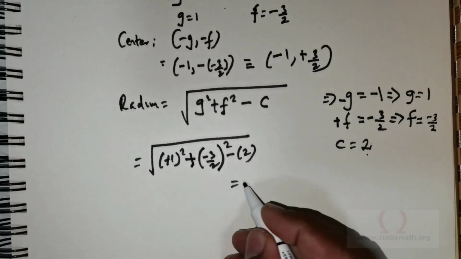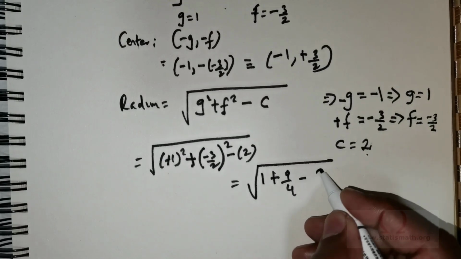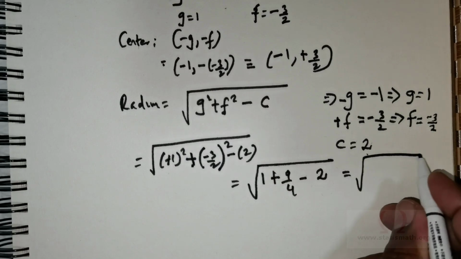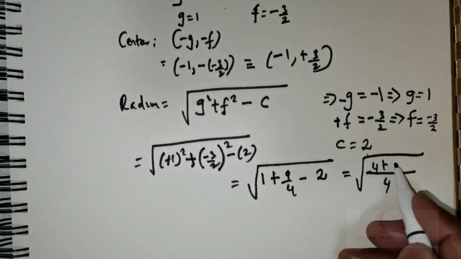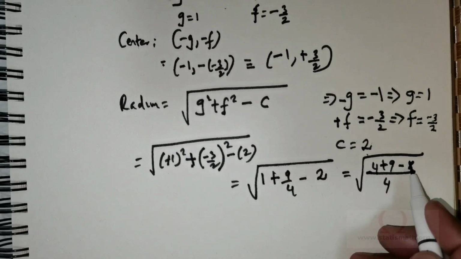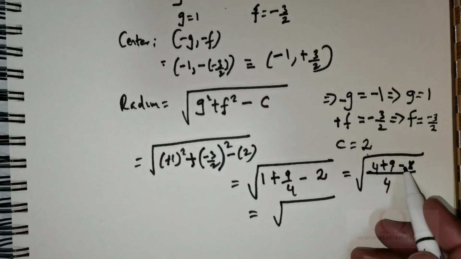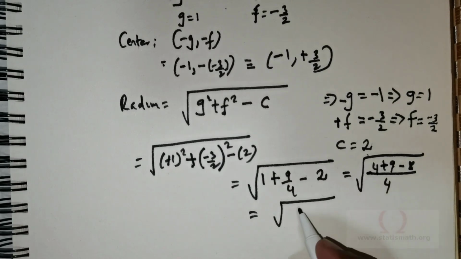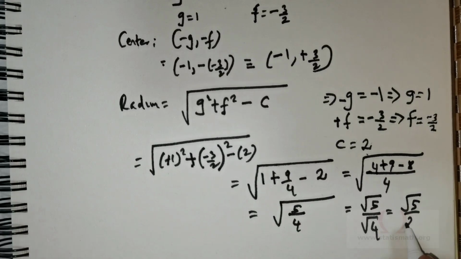And that is going to be equal to √(1 + 9/4 − 2), which is equal to √((4 + 9 − 8)/4), taking 4 to be the LCM. That would give me √(5/4), since 4 + 9 − 8 gives 5, which can be rewritten as √5 divided by √4, which is √5/2.